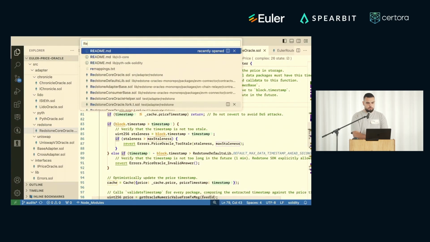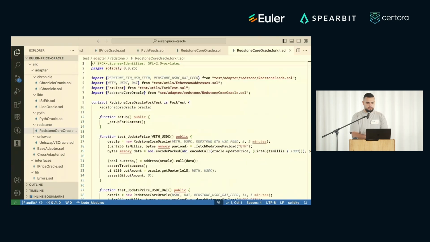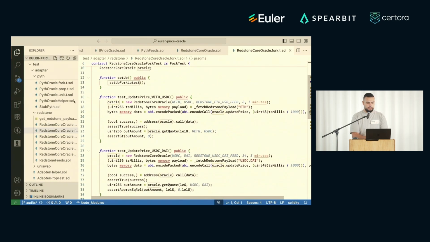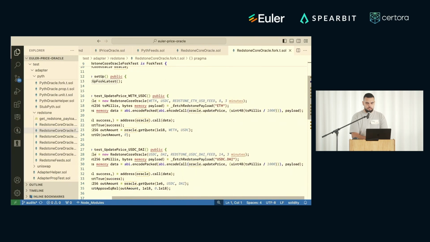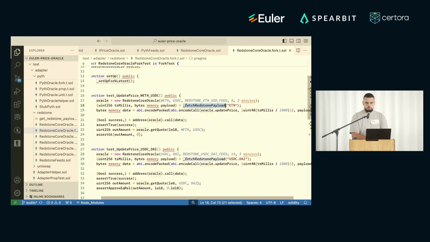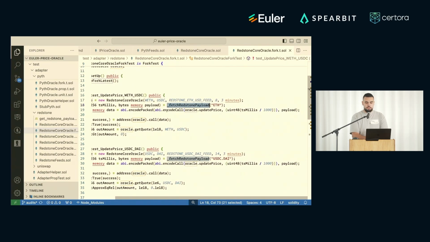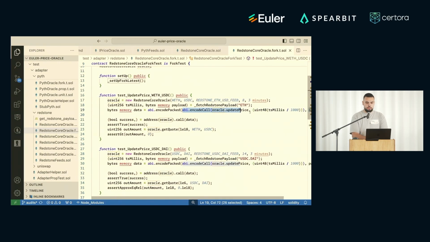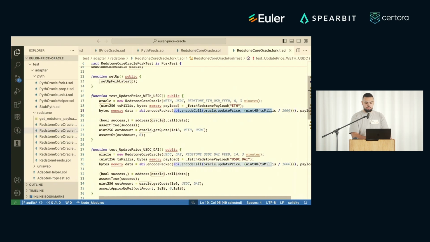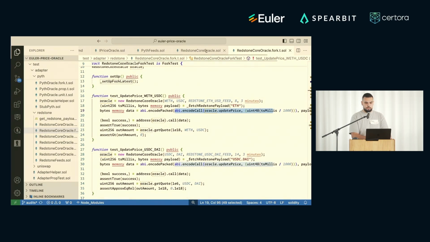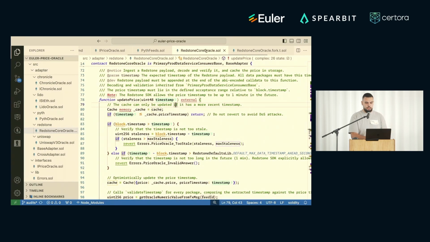So I'll show you, for example, the fork test that we have. So, right, this is the Redstone payload for the feed, and this is the encoded call for update price, and you pack next to that the payload of Redstone. So it's appended to the data.